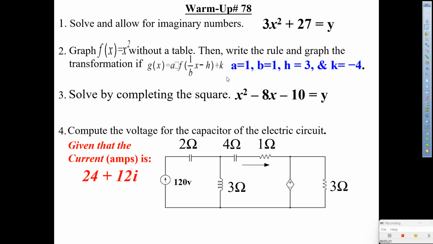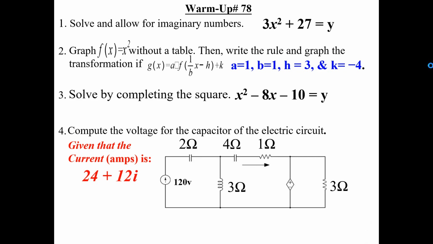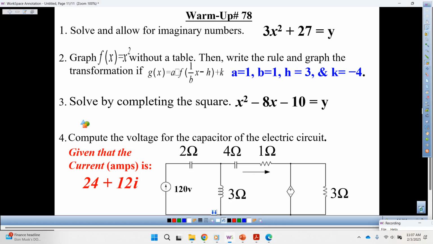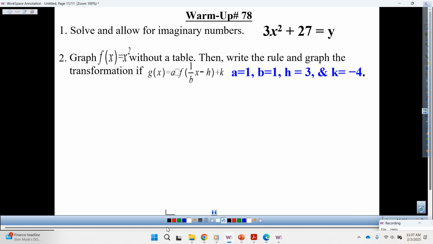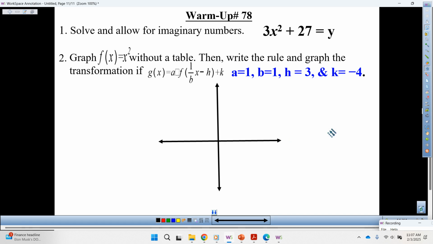Number 2 says, graph without a table, and then write the rule and do the transformation. Let me do number 2. By now you guys should have been able to do that one by yourself, but here it goes one more time. Who's going to help me out with this one?